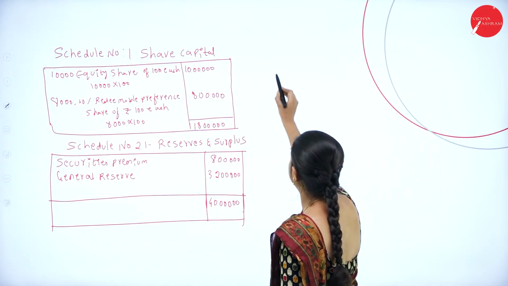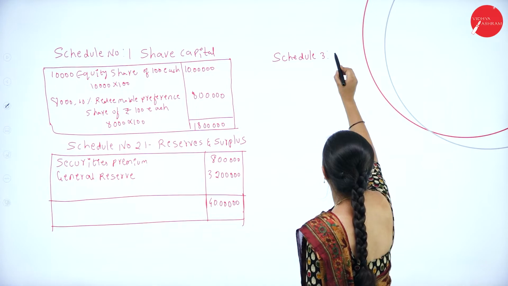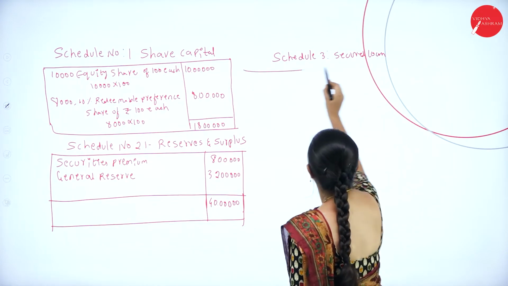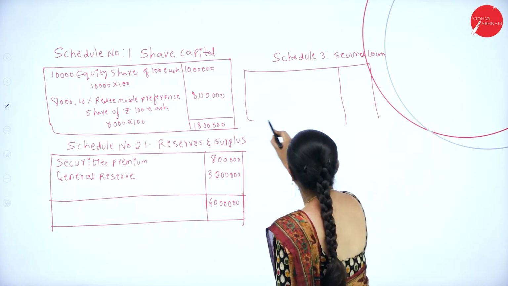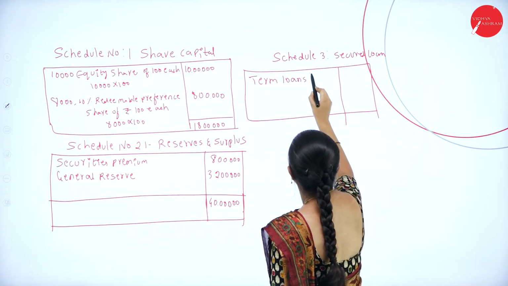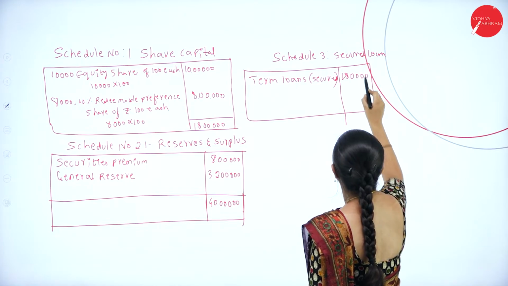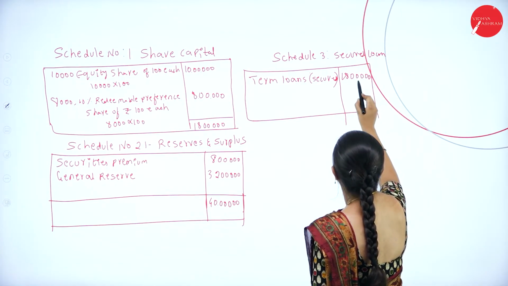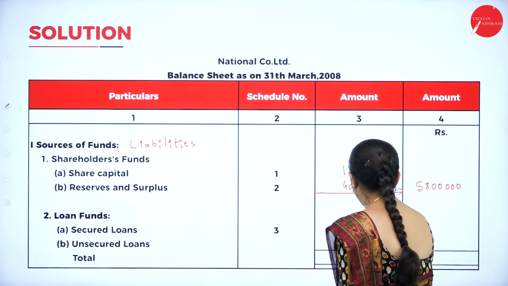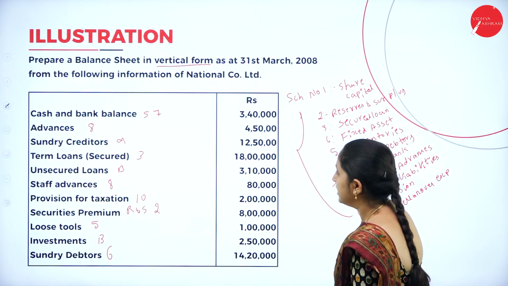So write Schedule 3, secured loan, term loans secured, 18 lakh. So write 18 lakh for secured loan.